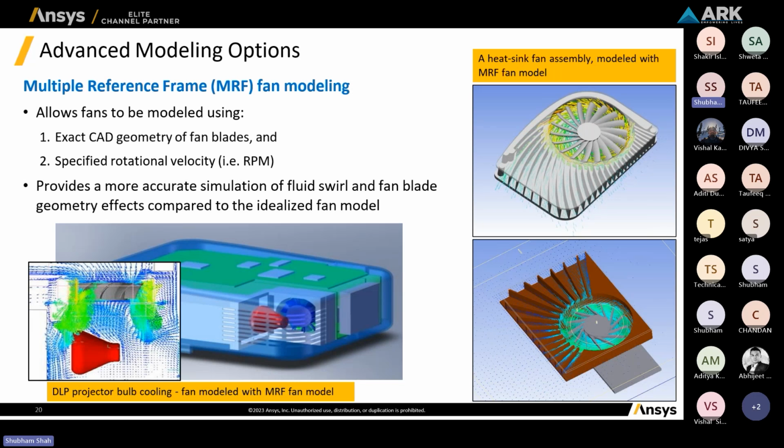Now coming towards the MRF. When we talk about the fans part, that is basically your multiple reference frame model. MRF stands for multiple reference frame. What actually happens is when you rotate any part, your mesh will also rotate. So ideally for a fan we have to create a moving mesh, but the moving mesh or dynamic mesh option takes a lot of time and computational effort. So the multiple reference frame model is available, which will act as a dynamic mesh, but your mesh is a general mesh, not a moving mesh.